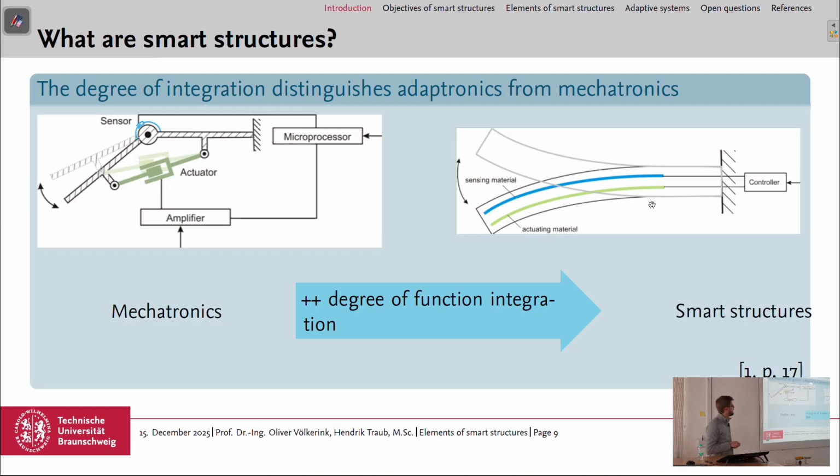But in smart structures, these elements are integrated into the load-bearing structure and not additional separate elements like in mechatronics. So who came to a similar conclusion while discussing with their neighbor? Yeah? Okay, good.